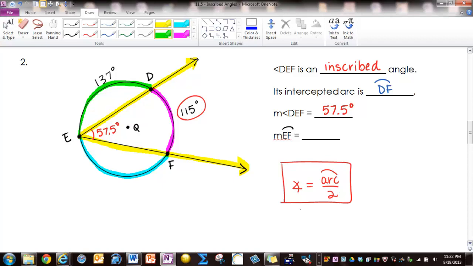So the measures of all 3 of those arcs should add up to 360 degrees. So if I want to find the measure of arc EF, I'm going to take my 360 degrees and subtract off the 115, which is the purple arc, and subtract off the 137 degrees, which is the green arc. And when I do that, I get the measure of arc EF as 108 degrees.